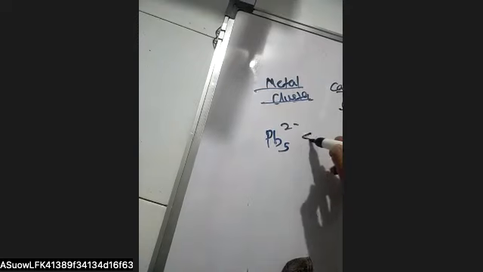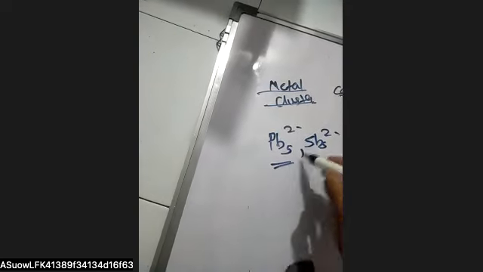Sir, basically the metal cluster does not contain any other ligand. In the case of the metal cluster, for example, we can take Pb5 2 minus or Sb5 2 minus. These only contain metal atoms.